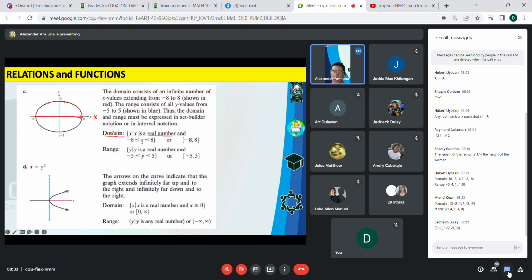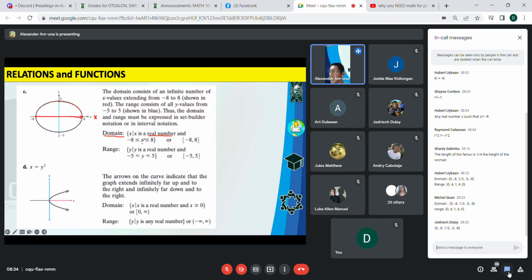So what are those values? For example, we can have 8, 7, 6, 5, 4, 3, 2, 1, 0. And all the values also between 7 and 8. So it could be 7.5, 7.135, 7.11, 7.102, 7.0006. Kasali lahat yun.